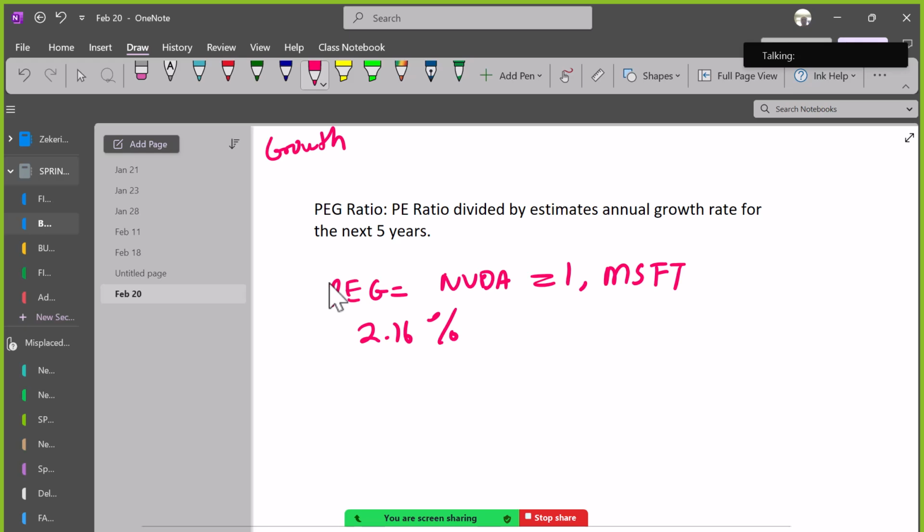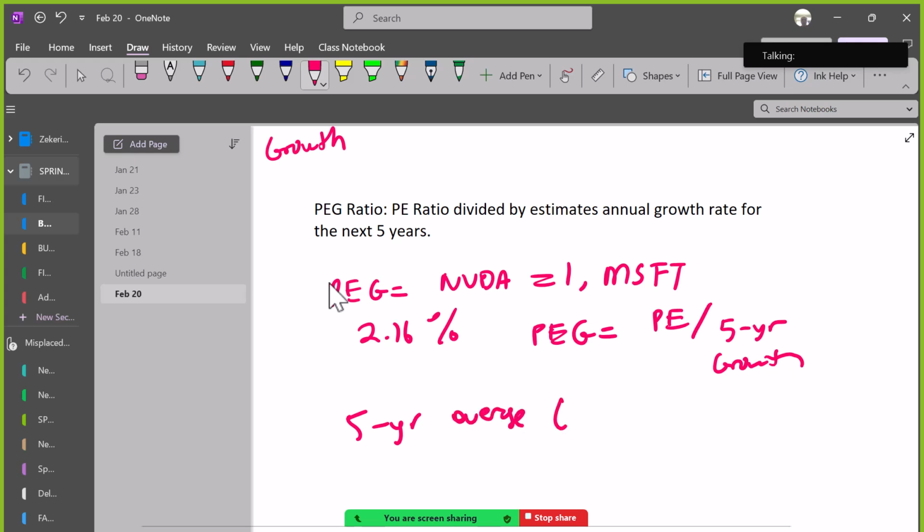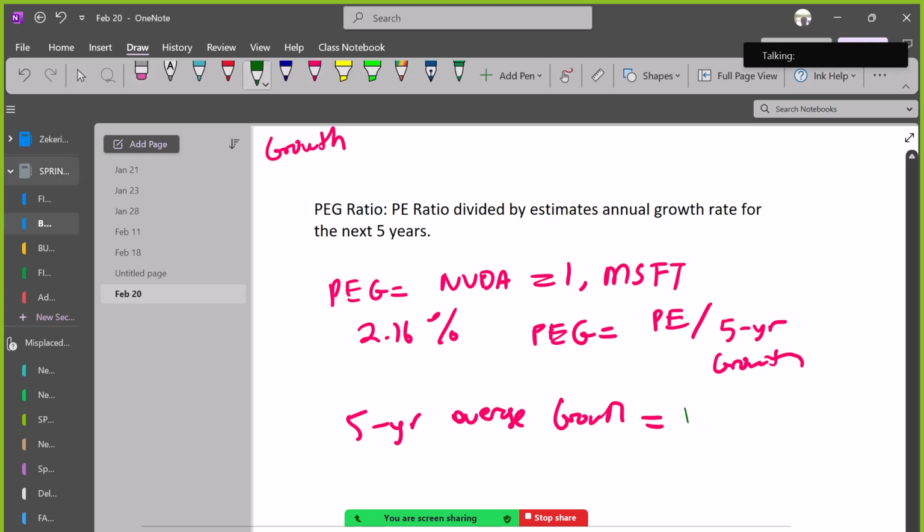So PEG ratio says PE divided by 5 year growth. That means 5 year average growth rate is equal to PE divided by PEG.